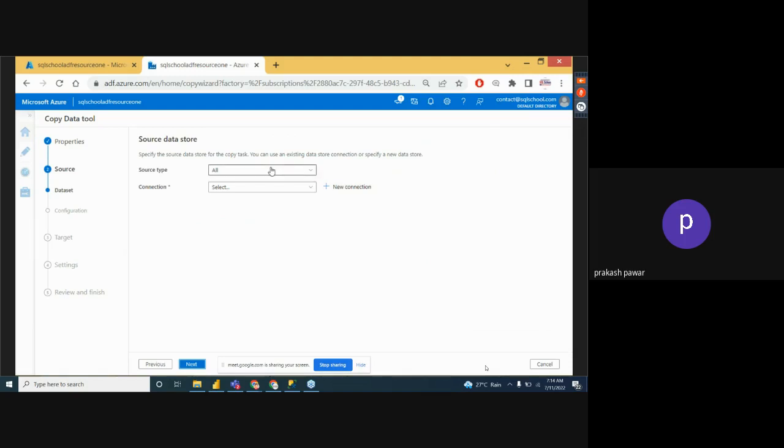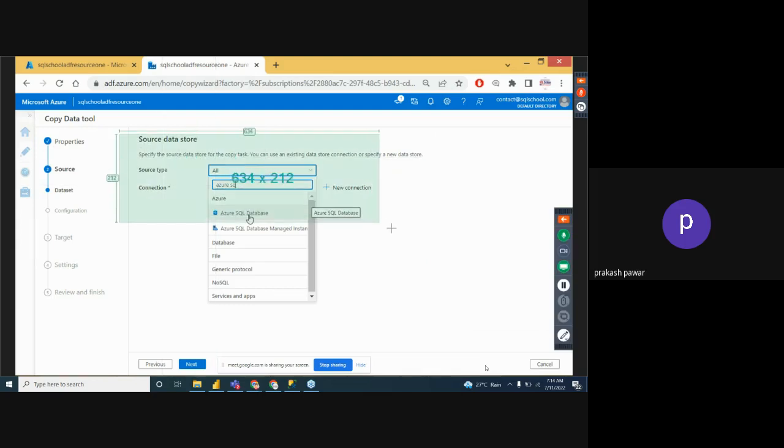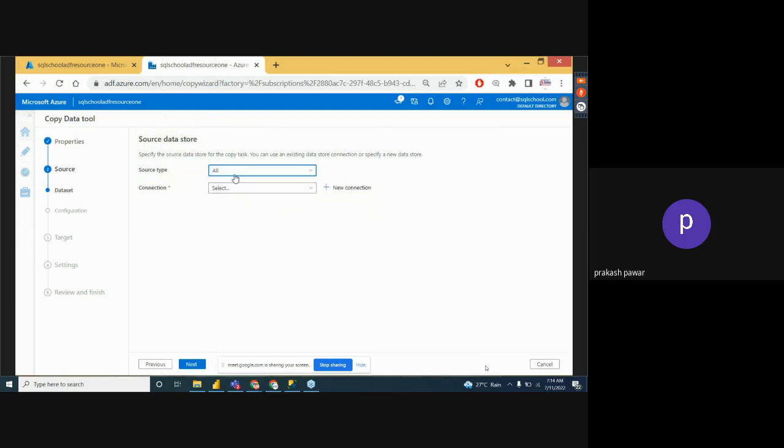We can also select source type as Azure SQL database. Anyway, I have to provide the connection.